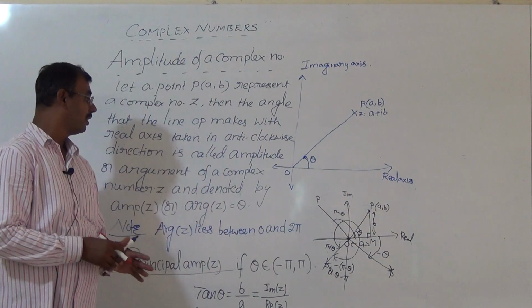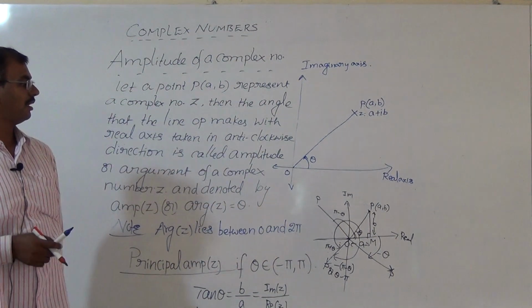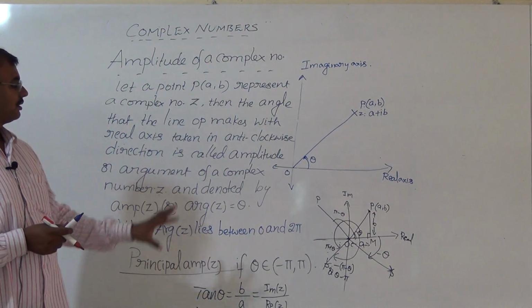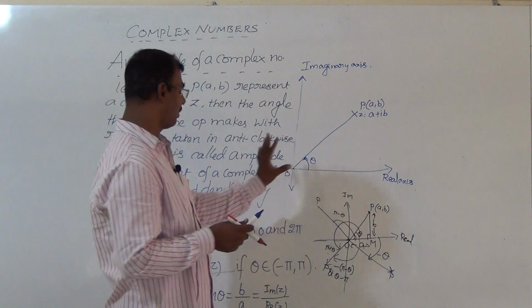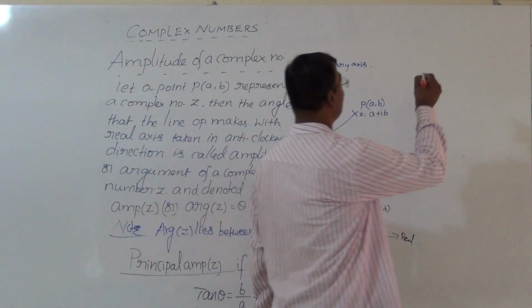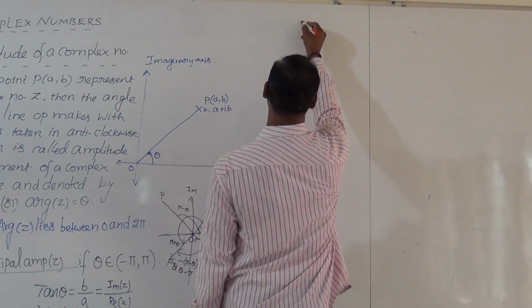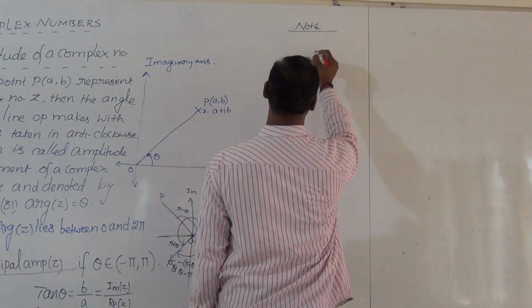Remember, the amplitude of a complex number always depends on the quadrant in which it lies. So how to remember these things? This is the concept, but I will give a short tabular form that all of you should remember. I take the note in this tabular form.